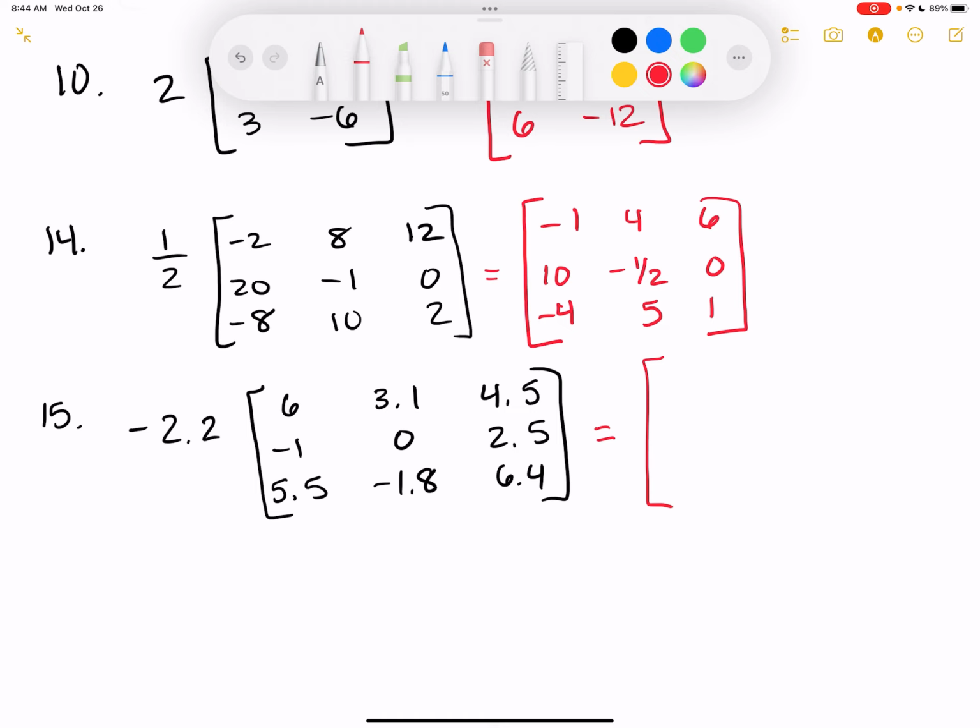I don't care that much, but the way that I would want you to note that you did it in your calculator is to just show me that you did like negative 2.2 and then matrix A. That's how I would want you to note anytime going forward that you do something in your calculator, that's how you did it. And then you can just fill in whatever.